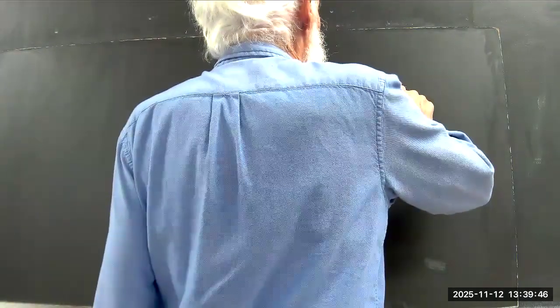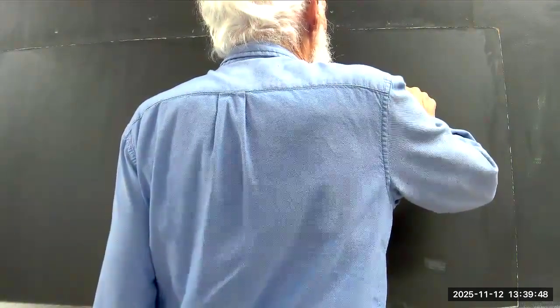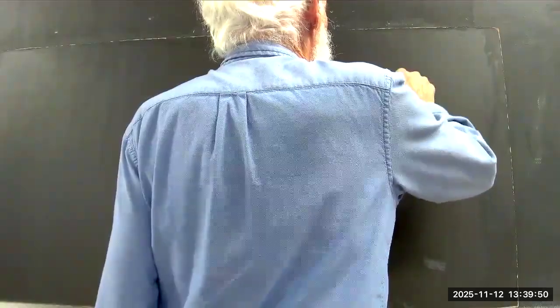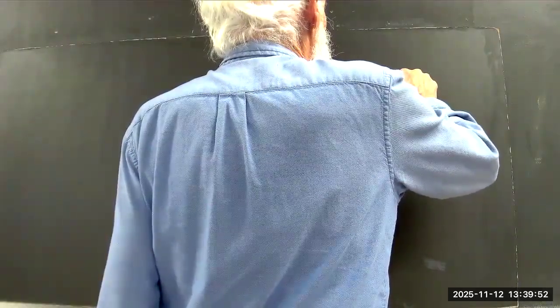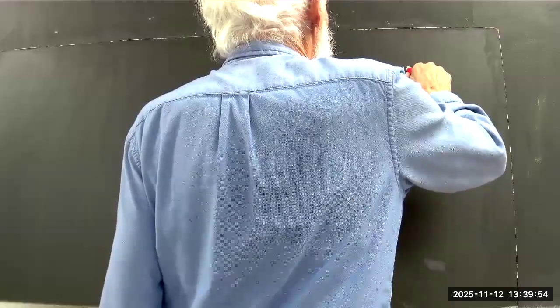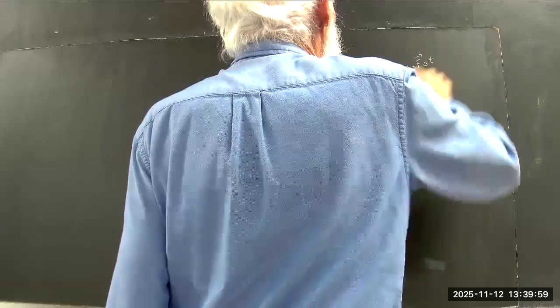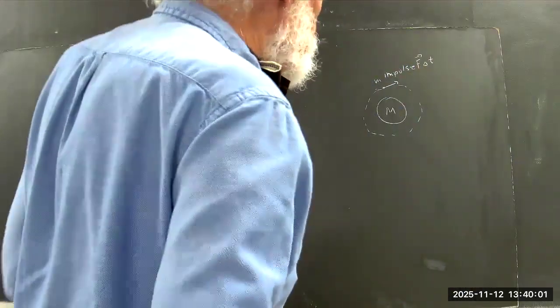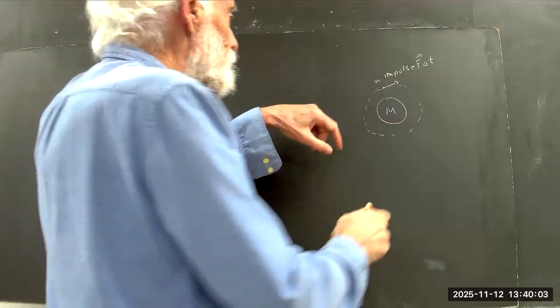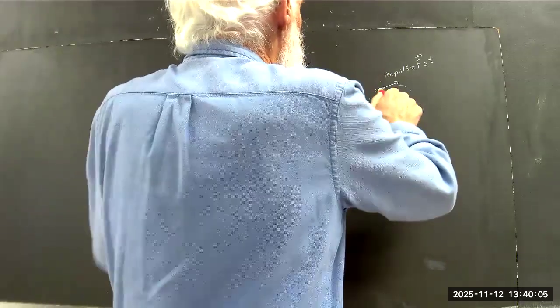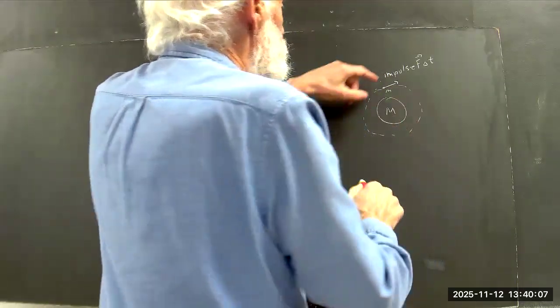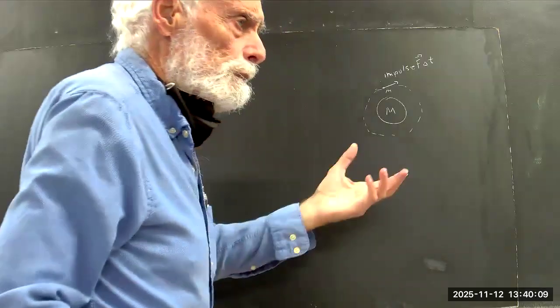Well, when you speed up, you put an impulse, F delta t, on it. That's what this vector is. What's that do?